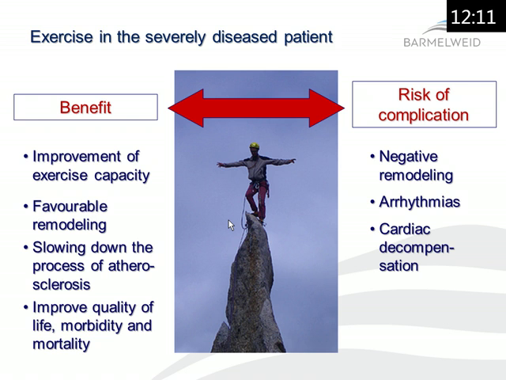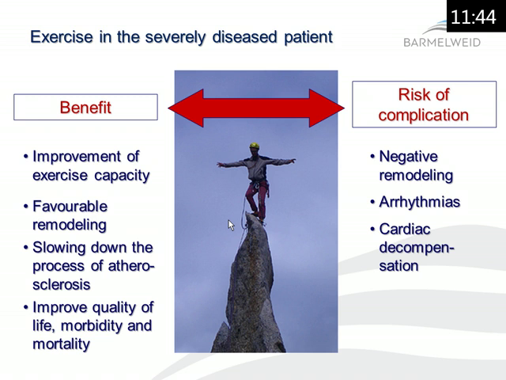Now, exercise in high-risk patients has, on one hand, the point that we would like to have very much benefit, because these patients are the most severely diseased. So we would like to improve exercise capacity. We would also like to improve remodeling. We know that exercise in post-myocardial infarction is improving remodeling.